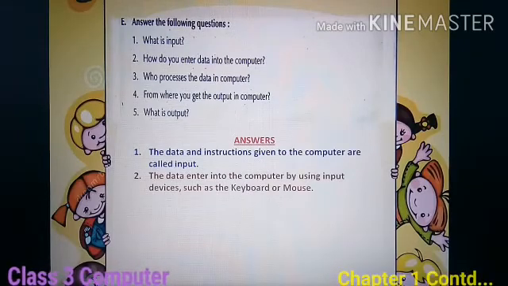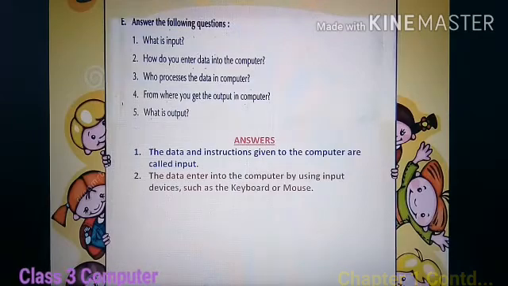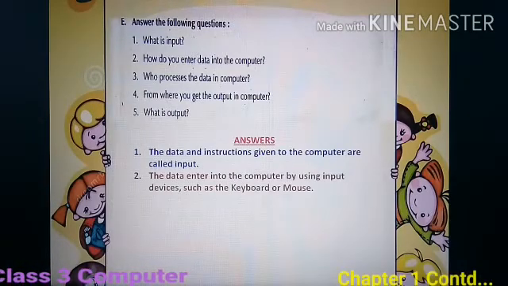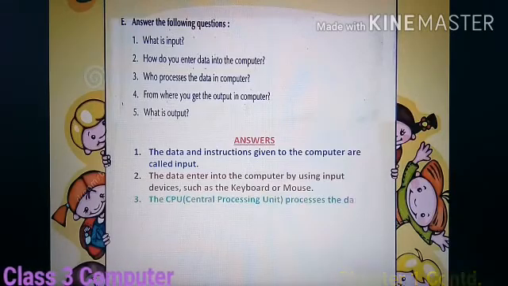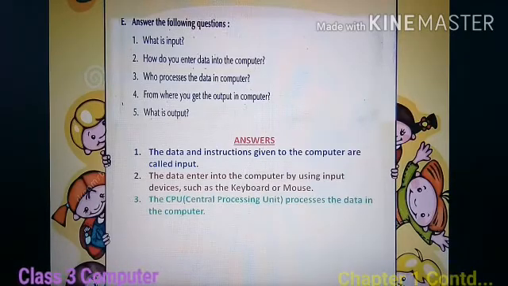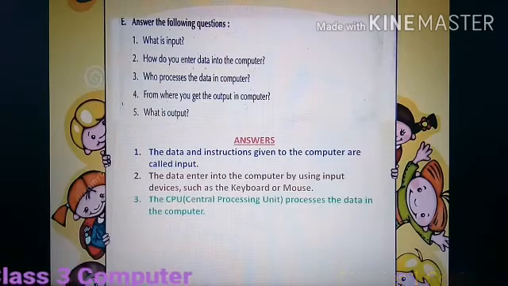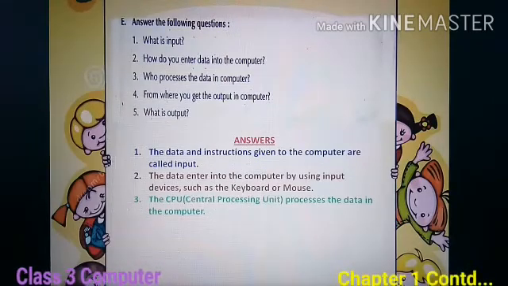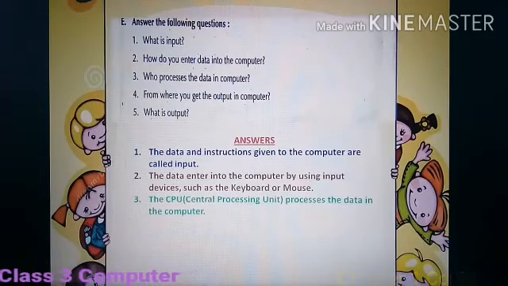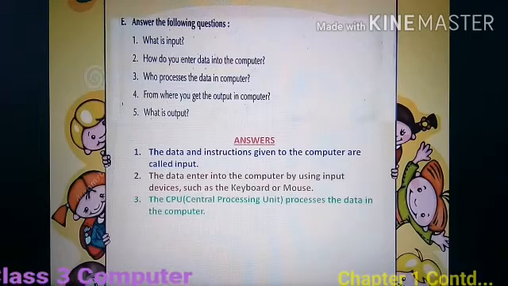The third question is, who processes the data in the computer? Usually, the data is processed by the CPU. So, the answer is the CPU, that is Central Processing Unit, processes the data in the computer. The fourth question is, from where do you get the output in the computer?